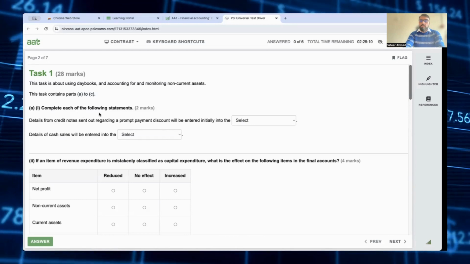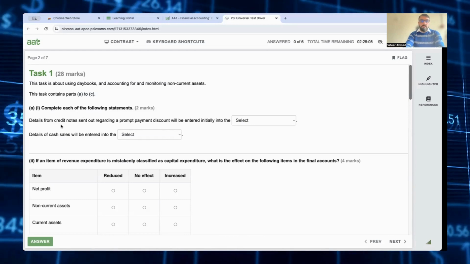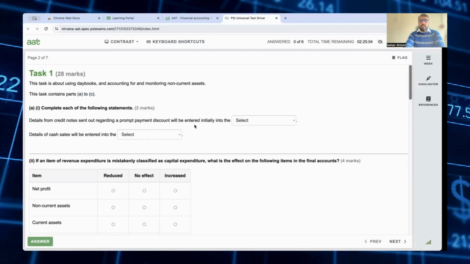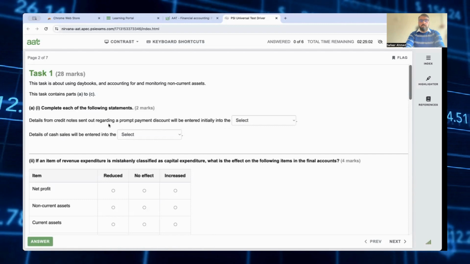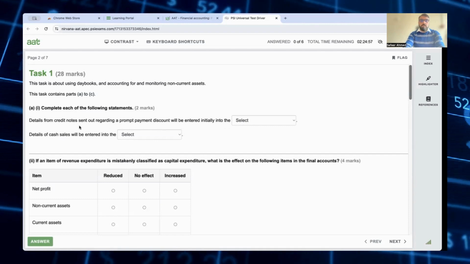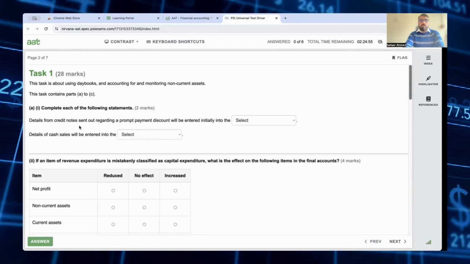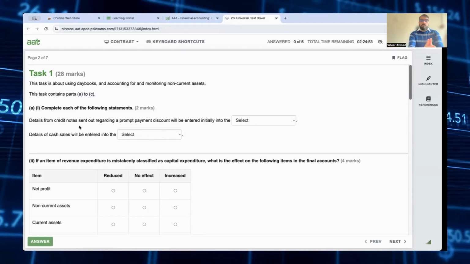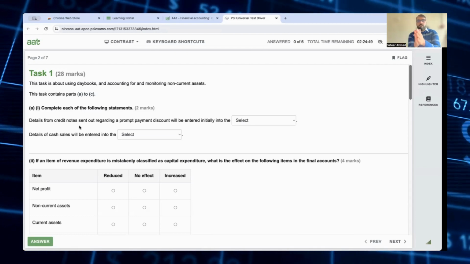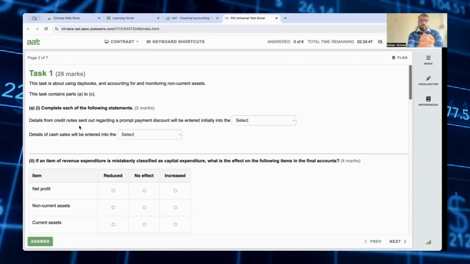Complete each of the following statements. Details from credit notes sent out regarding a prompt payment discount will be entered initially into the... Now, the credit notes sent out in relation to the prompt payment discount, sent out means, of course, these credit notes are sent from the business to the customers.